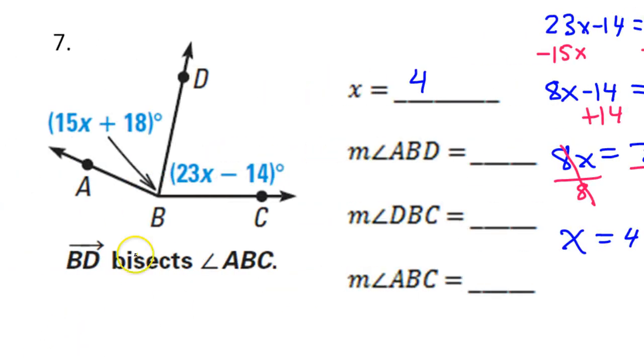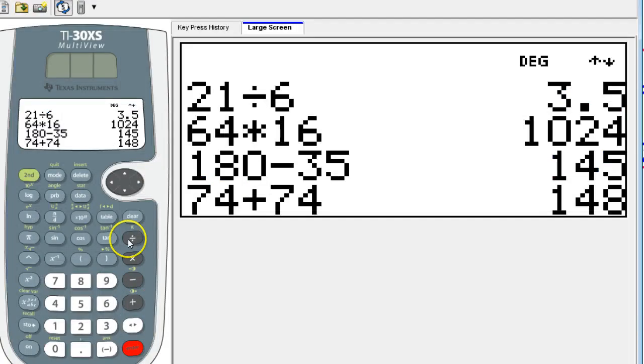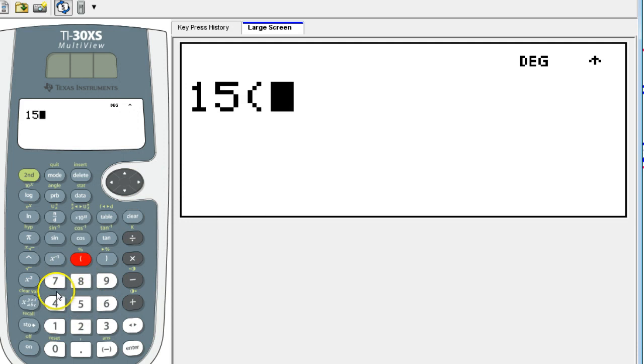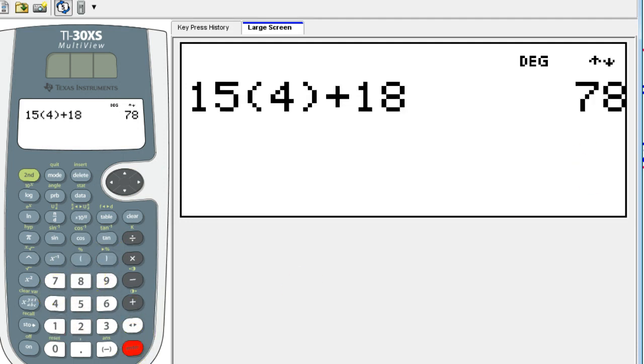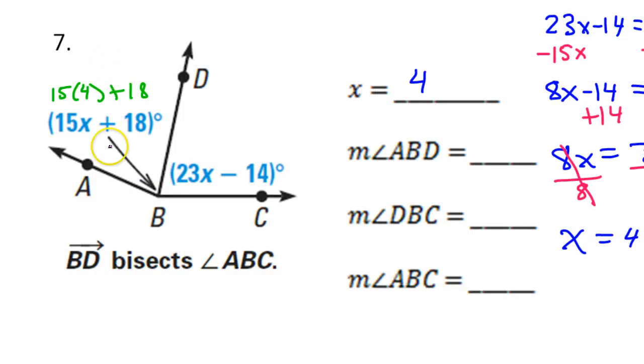ABD is the top half up here. Let's take our brand new x value and use it to find this angle. So if x is 4, then that makes this 15 times 4 plus 18. That is 78 degrees. So that's this angle, so we can write that down, 78 degrees.